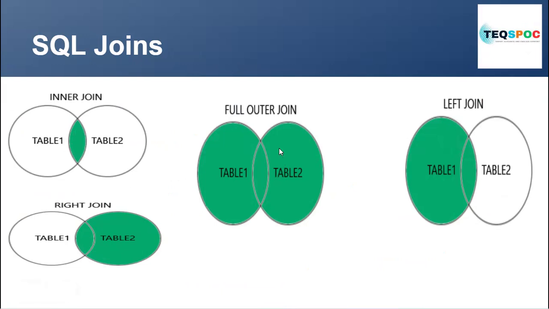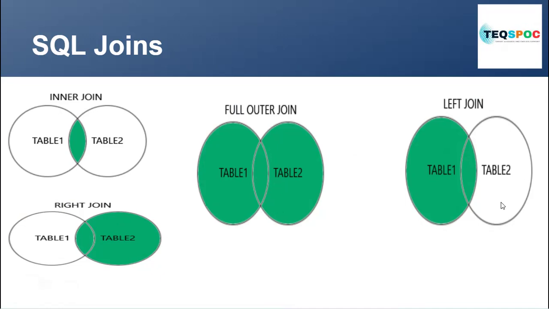Similarly, you have the right join. The right join returns all the rows from the right table. Say the right table has IDs 1, 2, 3 and table 1 has IDs 1, 2. It will return the common IDs 1, 2 plus all the data from the other table, 1, 2, 3. Similarly, we have the full join, which returns all the data from both tables plus the common data.